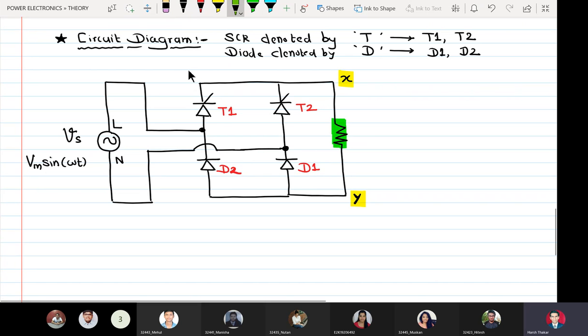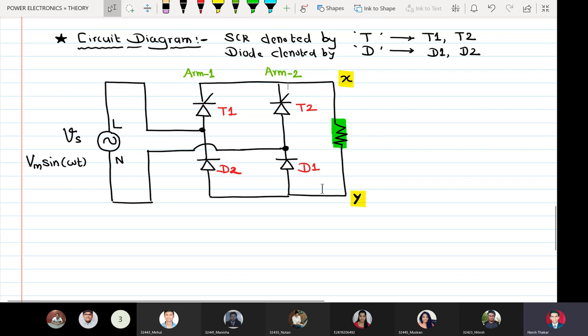So in arm 1 we have T1 comma D2, and in arm 2 I have T2 comma D1. Okay, it's very important.